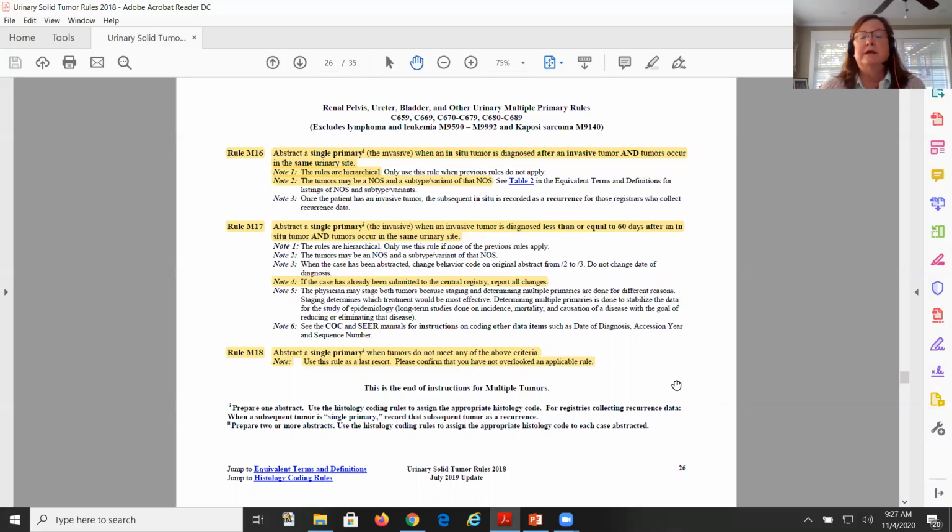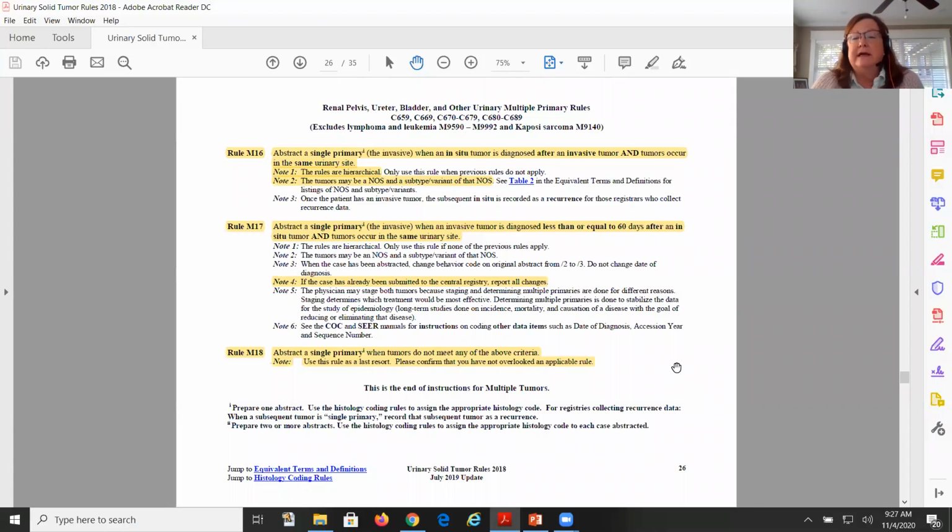If you have already abstracted the case as an in situ case, you would need to update the behavior to 3. And if the case has been previously reported to the central registry as an in situ or non-invasive case, you would need to notify them of that change.